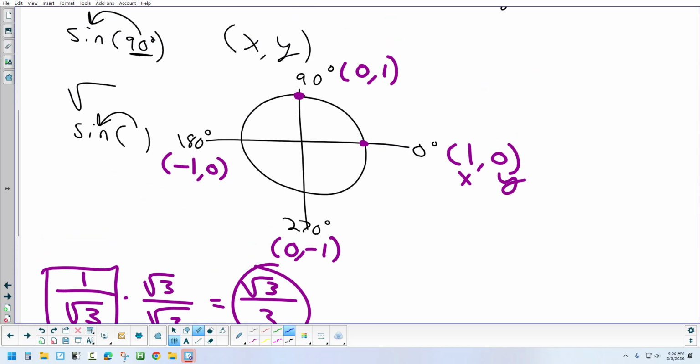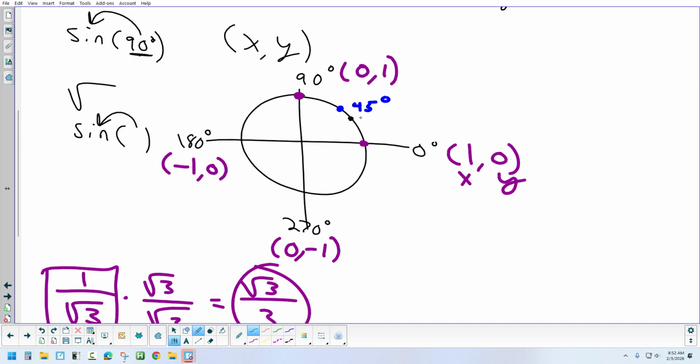First of all, 30, 45, and 60 are all in which quadrant? First one. Yes, they're all in the upper right, which is the first quadrant. Where's 45? Right, it's right in the middle. So here's 45. And now, how far away are 30 and 60 from 45? 15. Yeah, they're each 15 away.